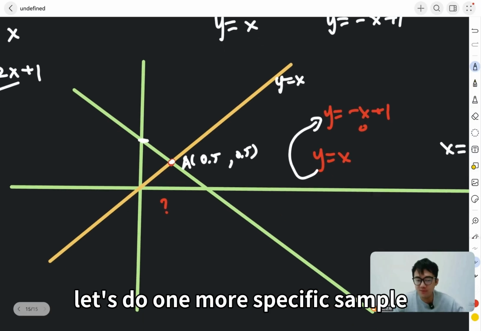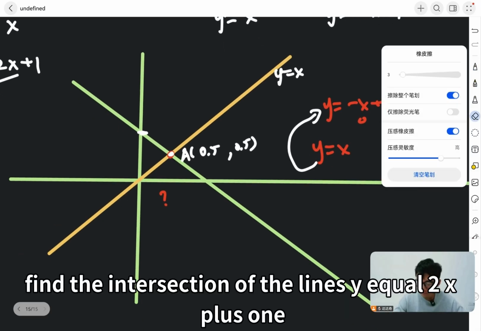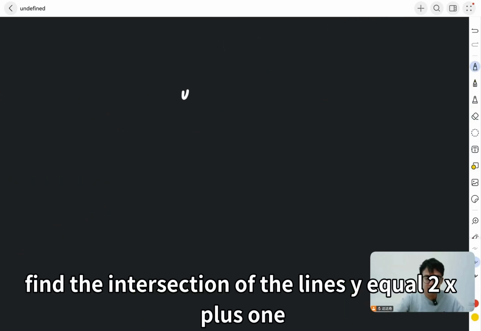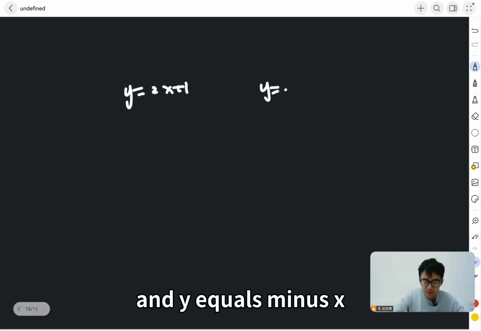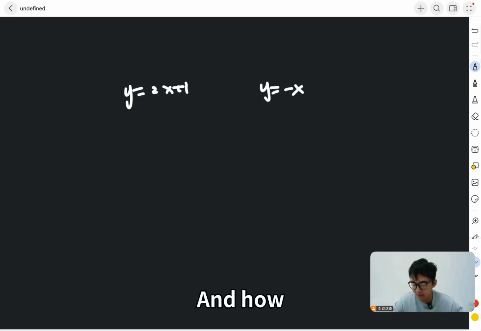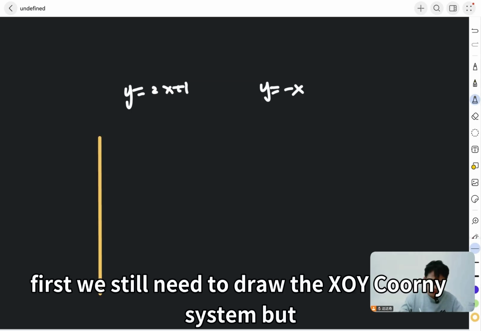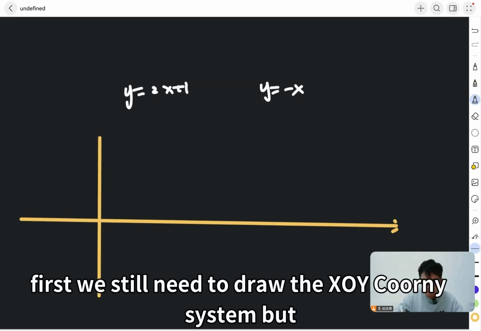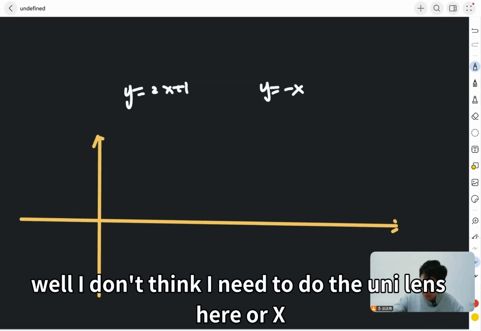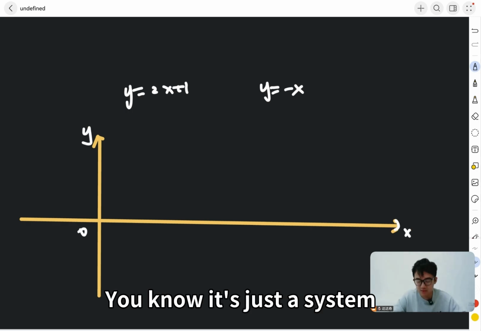Let's do one more specific example. Find the intersection of the lines y equals 2x plus 1 and y equals minus x. So first, we still need to draw the x-y coordinate system, but I don't think I need to do the unit length here. As you know, it's just a sketch.